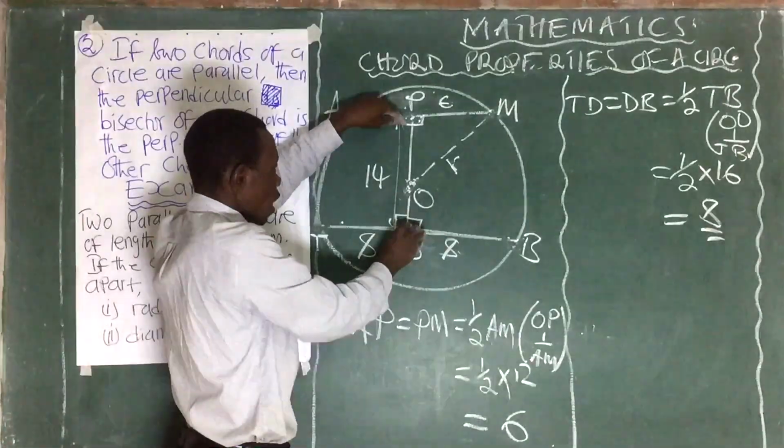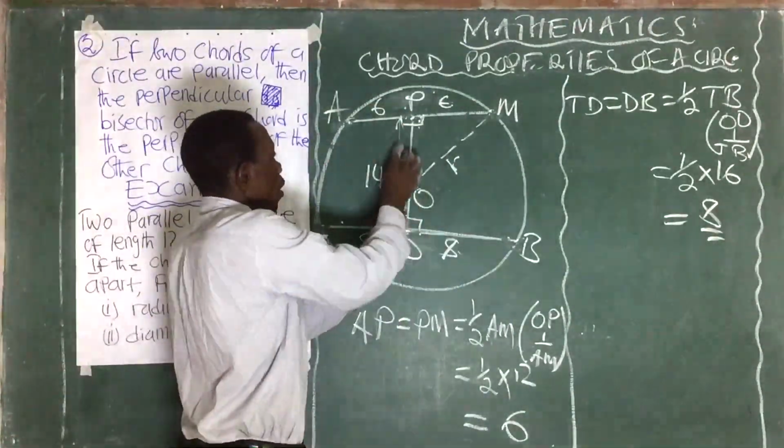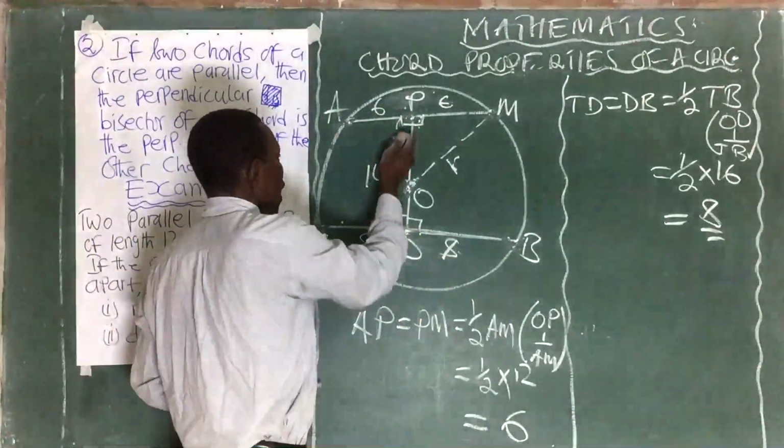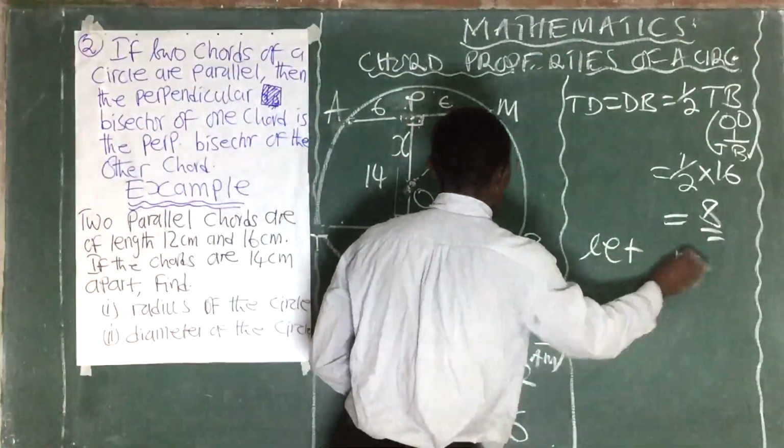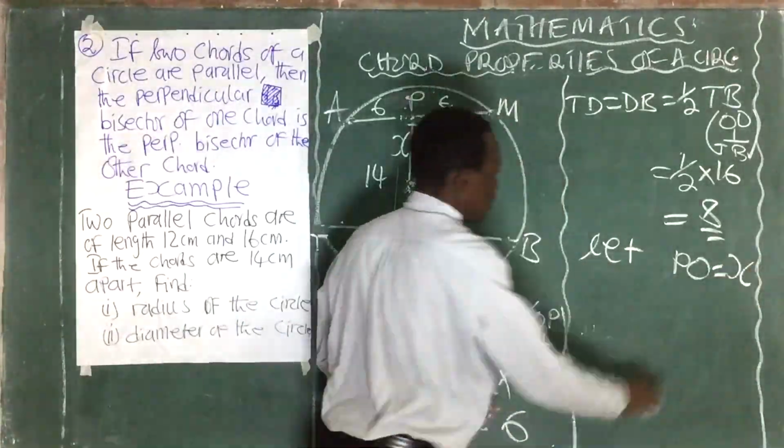But from here up to this is 14. So what I would do, I would say let PO be any variable, say X. So let PO be equal to X centimeters.